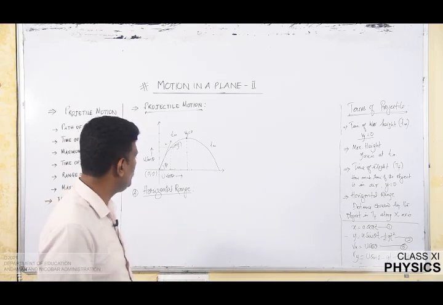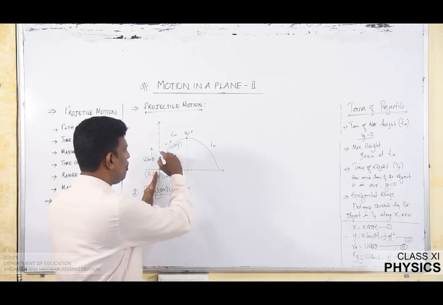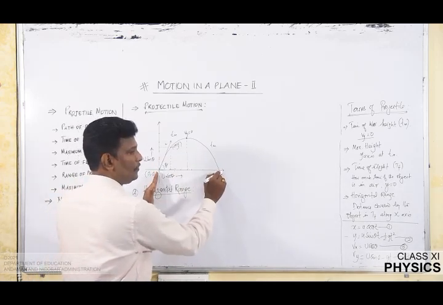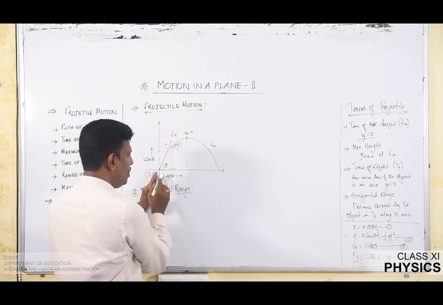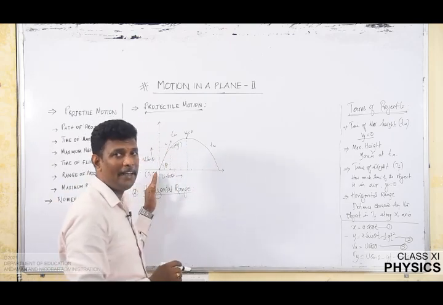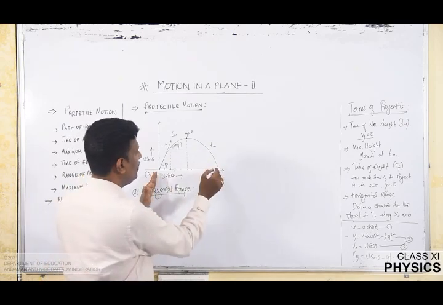Next term is horizontal range. What is horizontal range? The distance covered by the object horizontally, that is in x direction, taking time Tf.